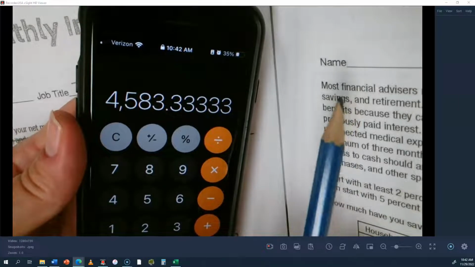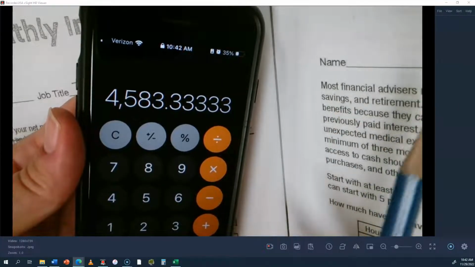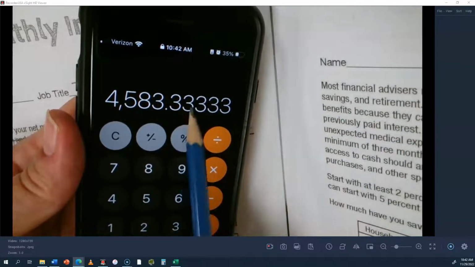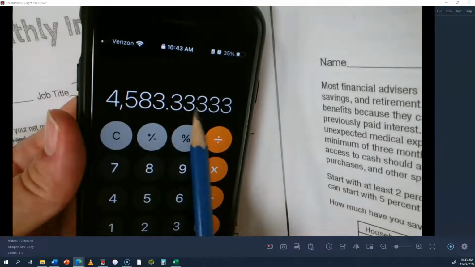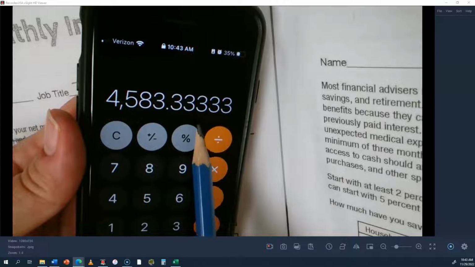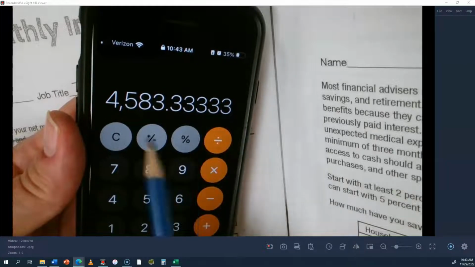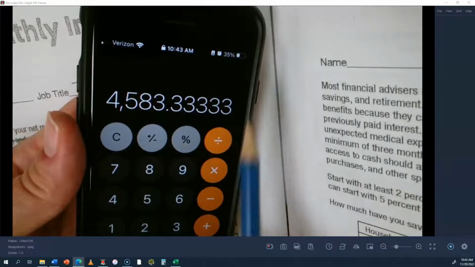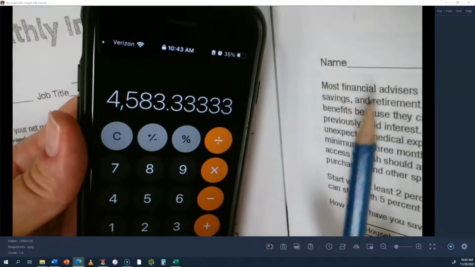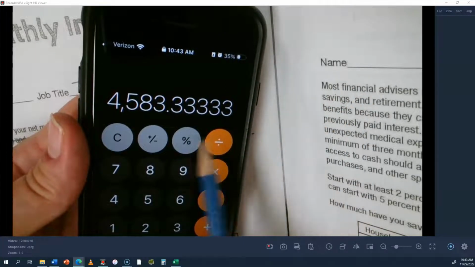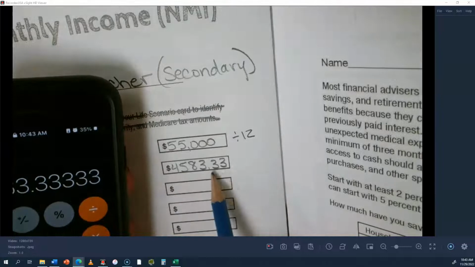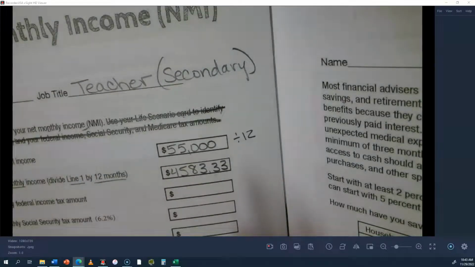We're dealing with money, right? So when we're dealing with money, we're always going to round, so we have 2 decimals, 2 place marks after the decimal point. Okay, if it's 0.1, you're going to add a 0 to say 0.10, 10 cents, instead of 0.1. You get it? Okay, so I'm going to keep the 0.33 because it's not over 5.